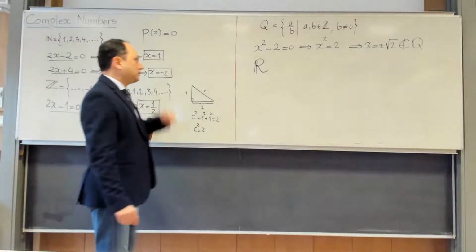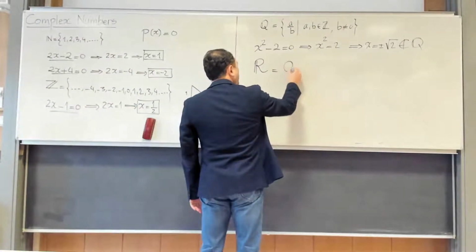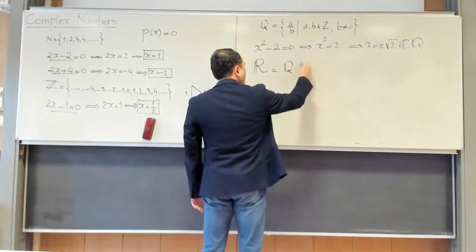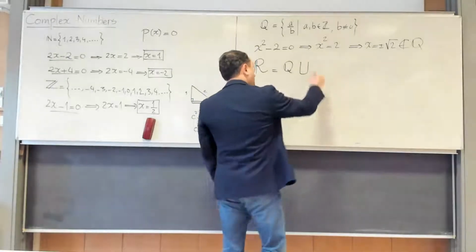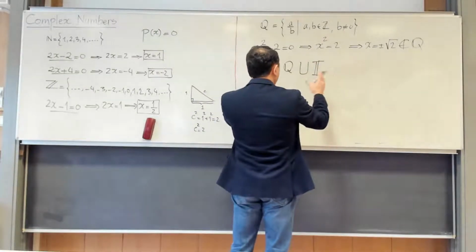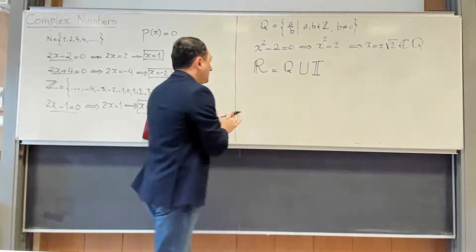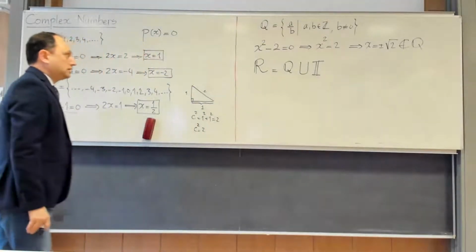So the set of real numbers is the set of rational numbers, union, or appending, I would say, the set of irrational numbers to it. So people were thinking that maybe this set is enough for all polynomial equations.